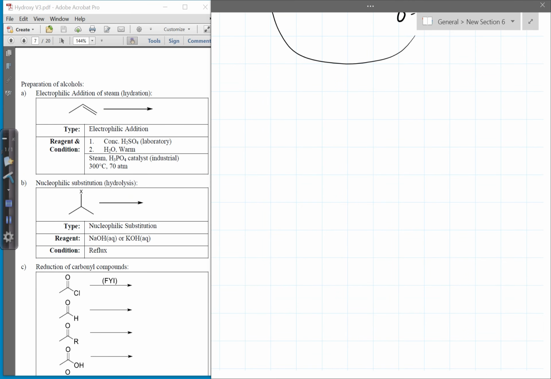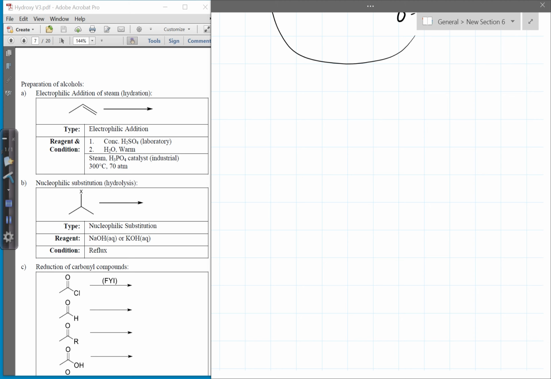The qualitative part. Electrophilic addition of steam is the first reaction that you have learned. There are two conditions, one laboratory, one industrial. For laboratory, you use conc.